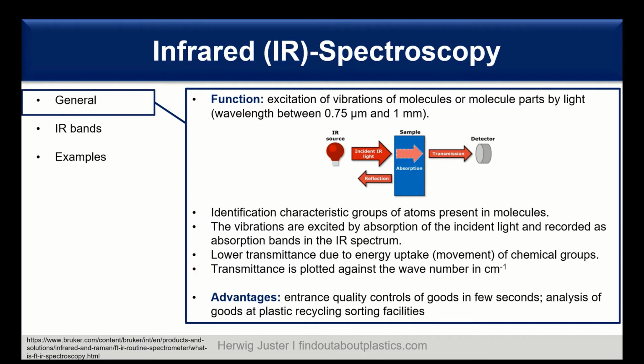You have the advantage to analyze in a few seconds the product what you have, in our case the plastic. And also when you have plastic recycling sorting facilities, there's also an advantage to analyze quickly what is in your stream of products what you have here.